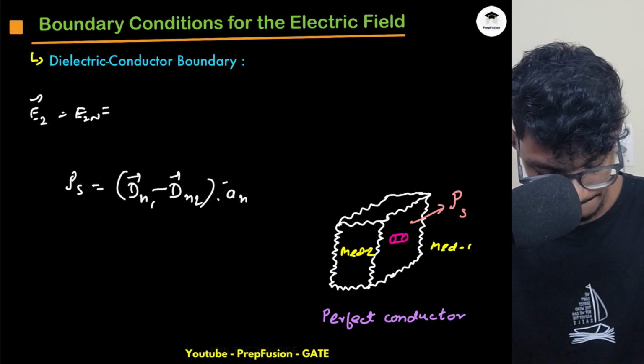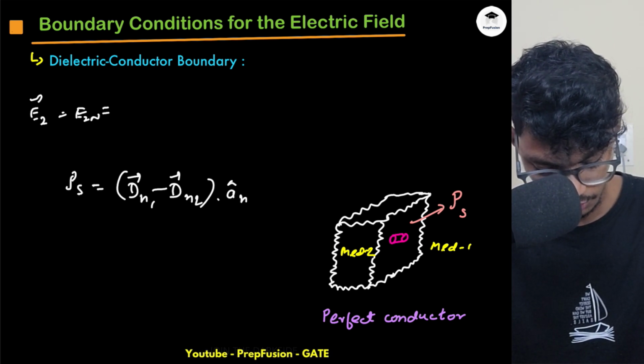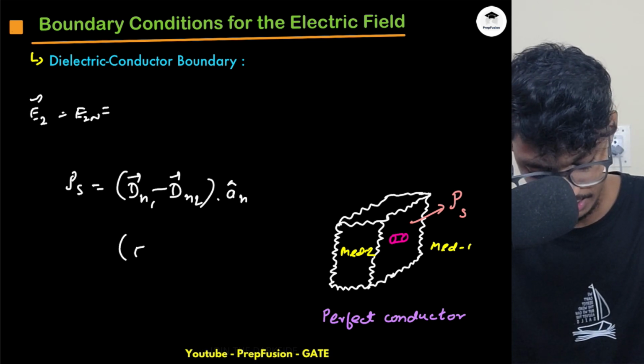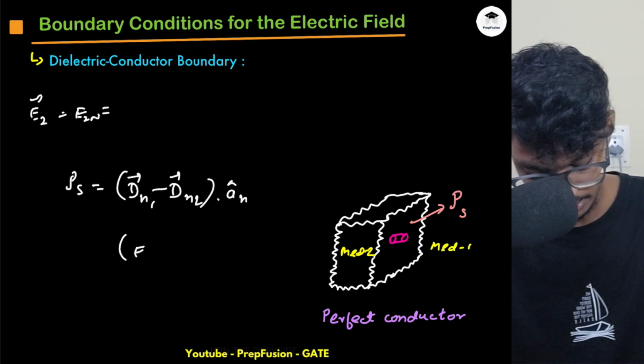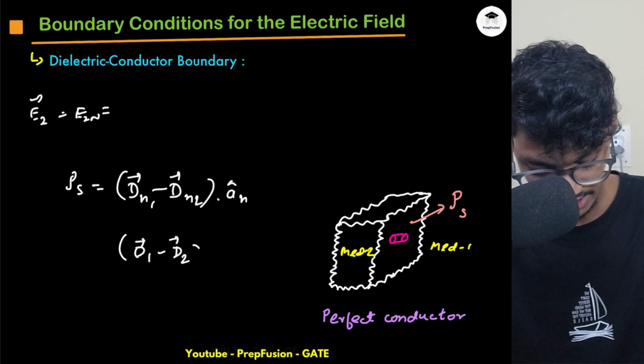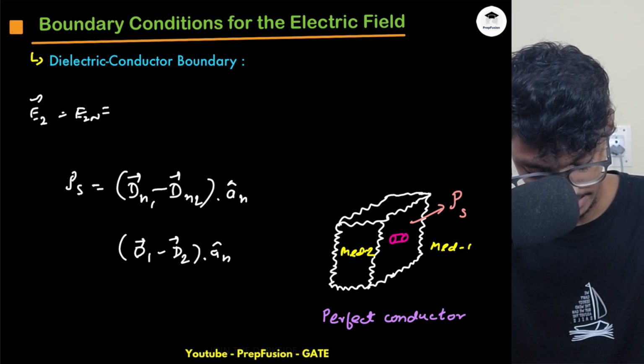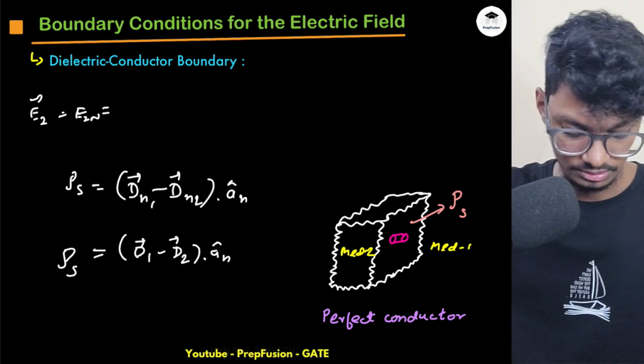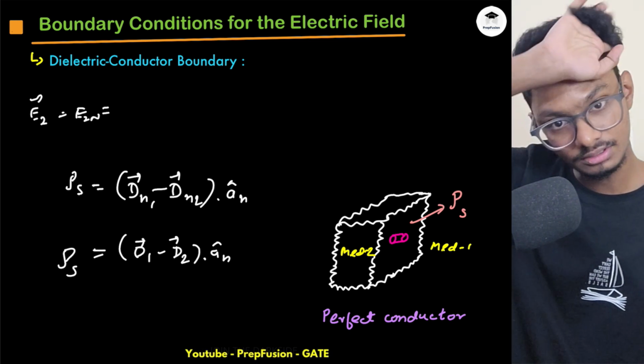Dot a n cap. So this is the relationship, and this is the same as writing D1 vector minus D2 vector, because it doesn't have any tangential component, it has only a normal component. So I can directly replace Dn1 and Dn2 with D1 and D2, correct?